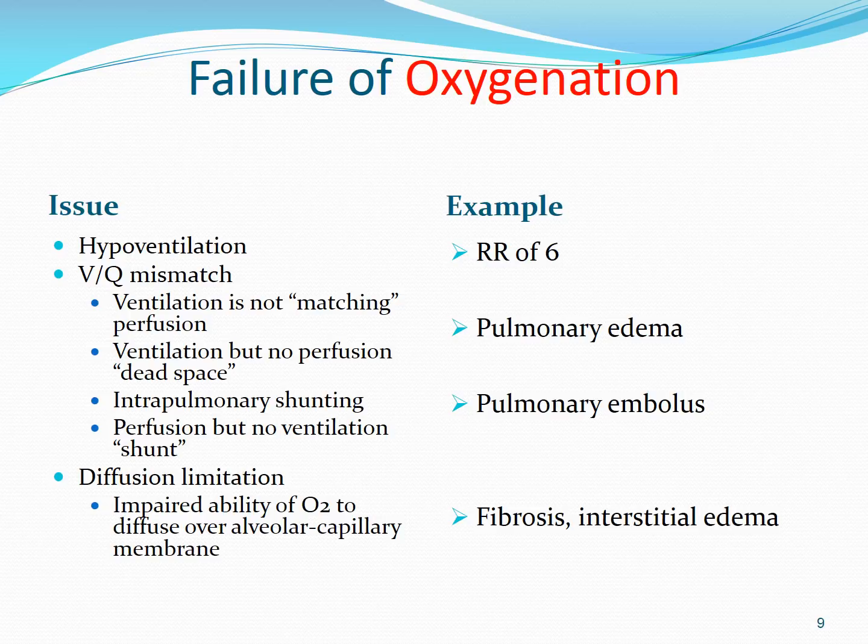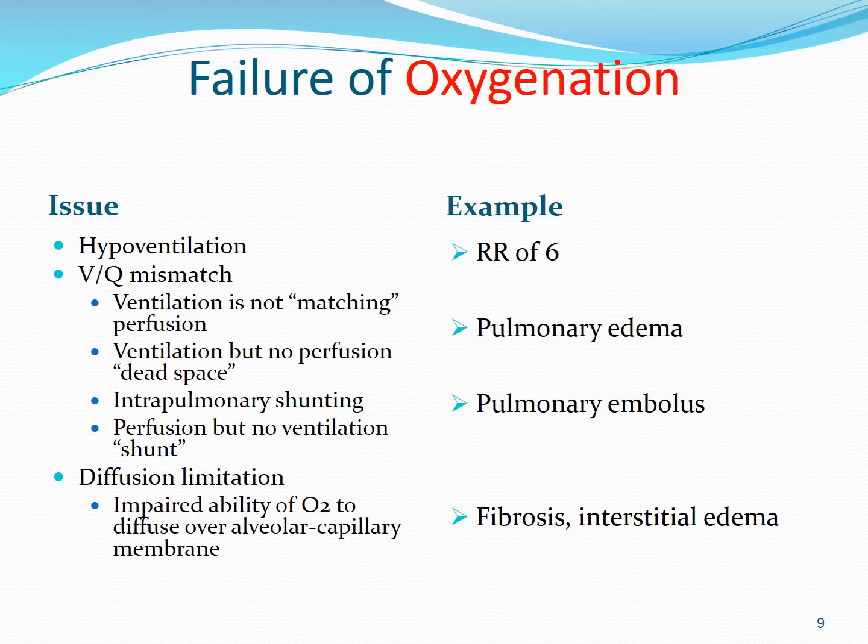So to have good VQ matching, we have to have good working lungs, good ventilation, and good perfusion, good blood flow to those lungs. When we see a mismatch, either bad ventilation or bad blood flow, we're not going to be able to get oxygen into the bloodstream as well, and we have failure to oxygenate.